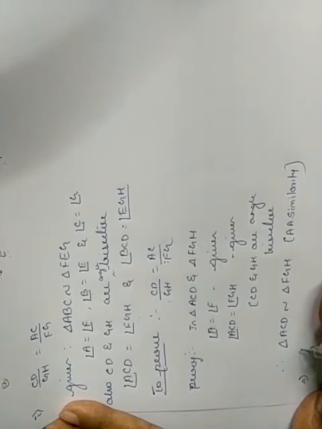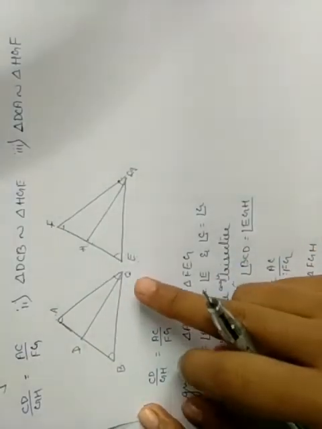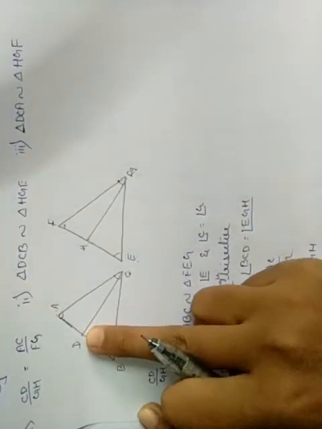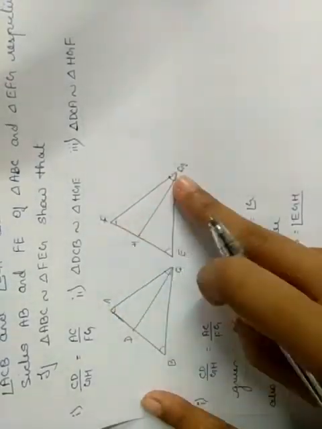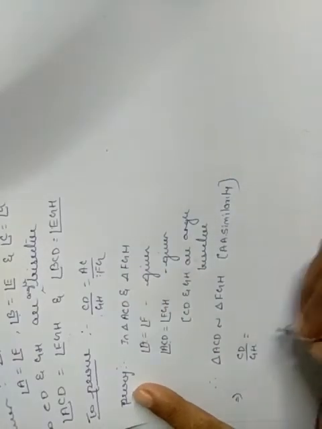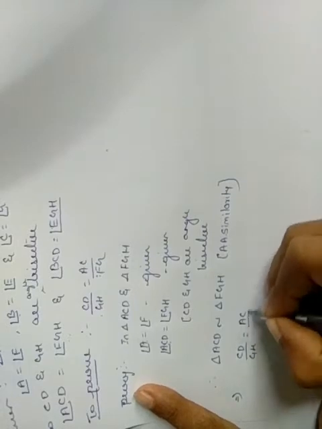This implies we can write CD divided by GH is equal to side AC divided by FG. Hence we proved the first one.